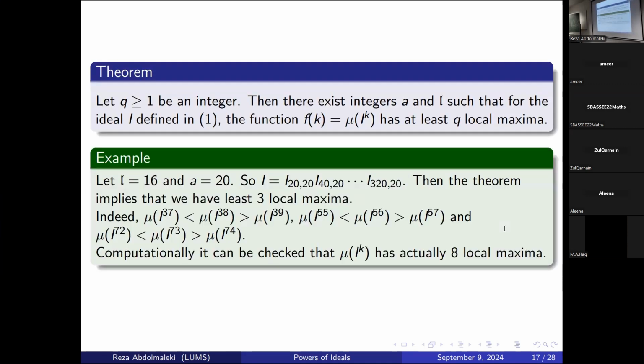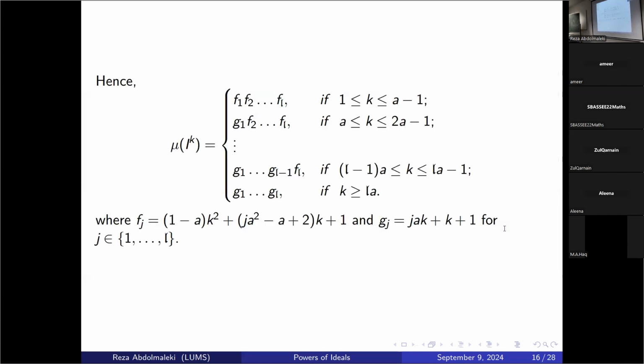For example, if we consider A to be 20 and L to be 14, then the ideal will be this, and the procedure guarantees at least 3 local maxima, because there will be 3 intervals here, and then in each interval we prove that there is at least 1 local maximum.